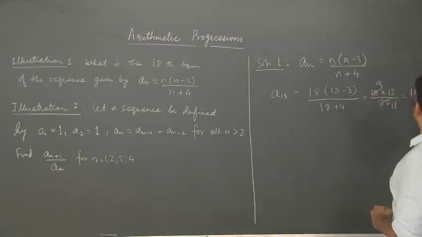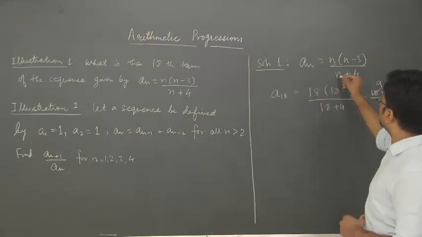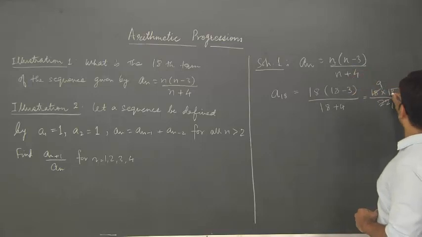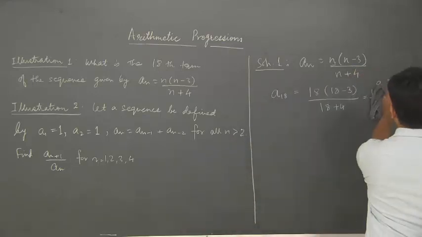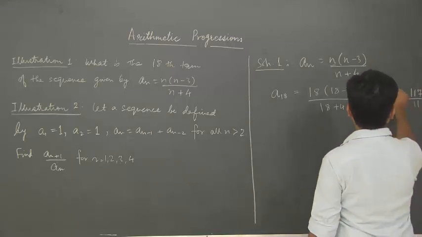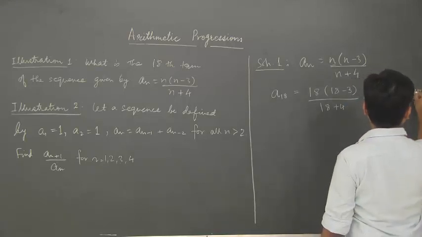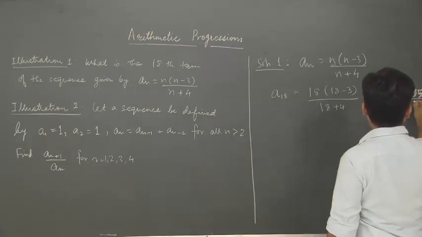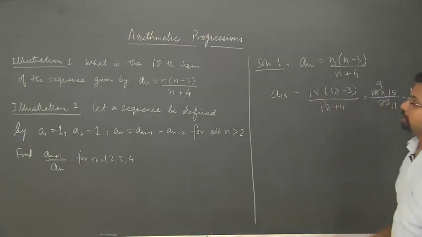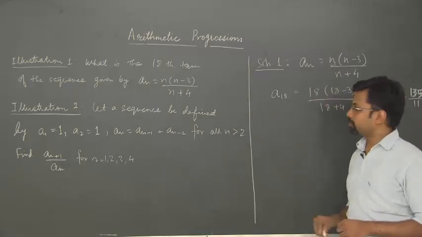That makes it 117 by 11. So 18 into 18 minus 3 is 15. So it will be 15 here, and we will be getting 135. So we have 135 by 11 as the 18th term of the given sequence.